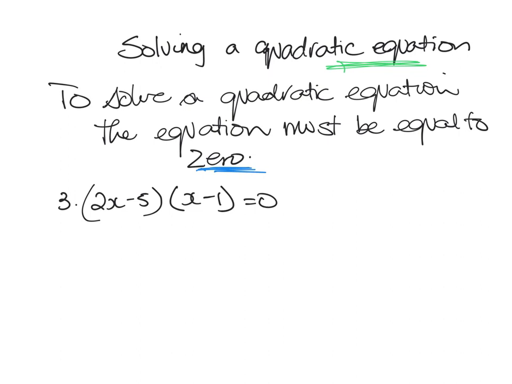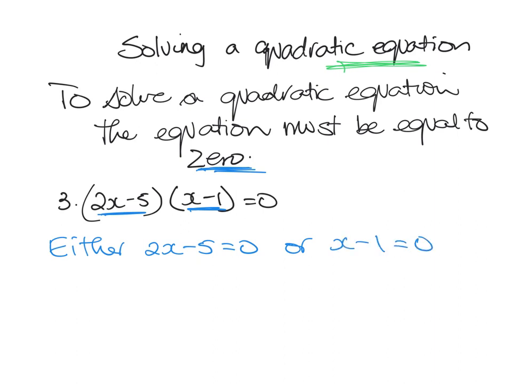Because it is in the factorized form, we know that either this bracket equals 0 or this bracket equals 0. So we will get that either 2x minus 5 equals 0 or x minus 1 equals 0. This is exactly the statement you would write and how you would write it. You would then solve each of these equations.